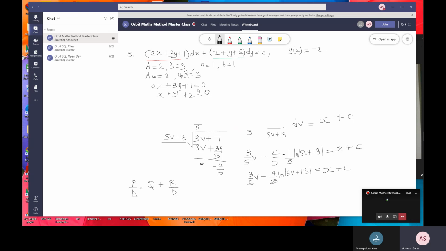So let me call this one equation 1. Let me call this one equation 2. To eliminate x, I can just multiply equation 2 by 2. So I have 2x plus 2y plus 4 is equal to 0. Now call this one equation 3.